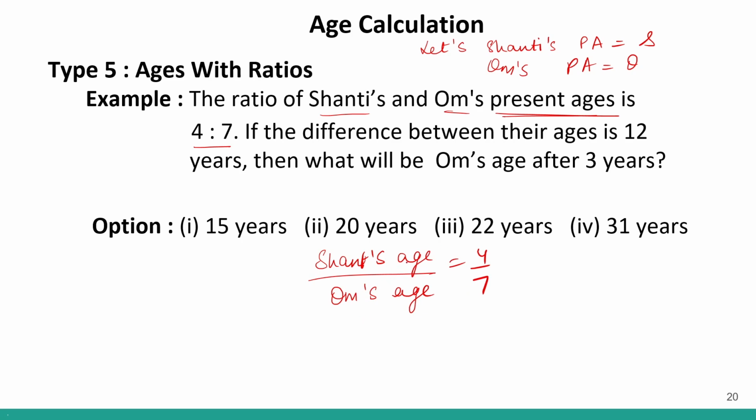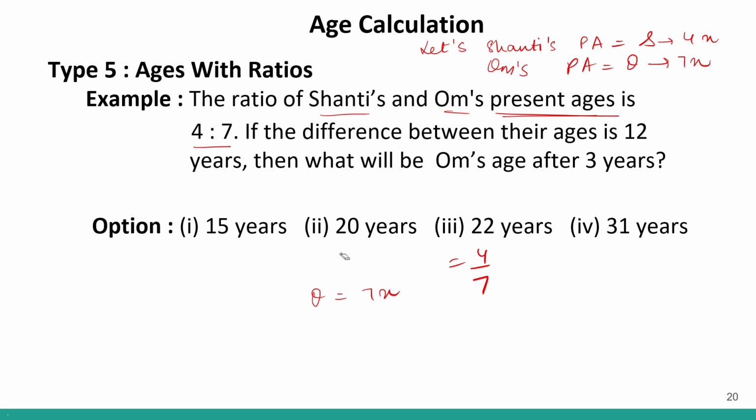I can write, let's say their age is x. So S I am assuming is 4x and O I am assuming is 7x. So this is how I am taking it. Shanti's age is 4x and Om's age is 7x. So the ratio is the same, 4x and 7x, 4/7.